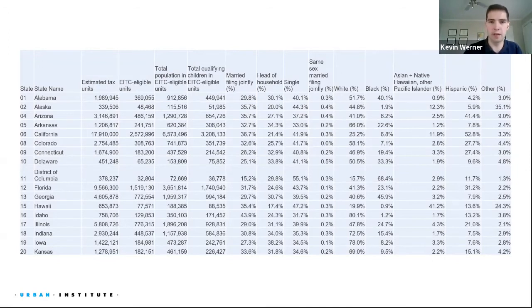And you can see we have marital or filing status, race. In Alabama, about 52% of earned income tax credit eligible filers are white, and about 40% are Black. And on the actual data, you'd be able to scroll and see quite a few other characteristics.